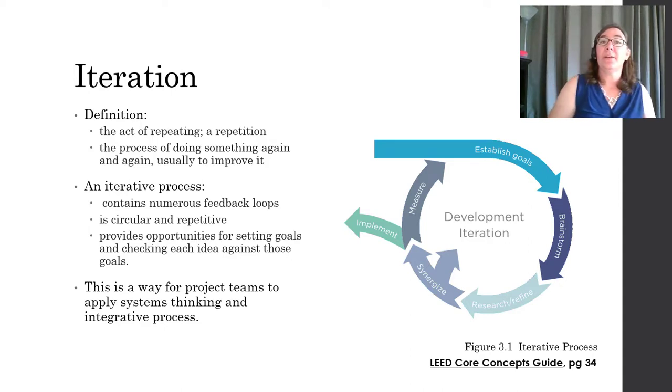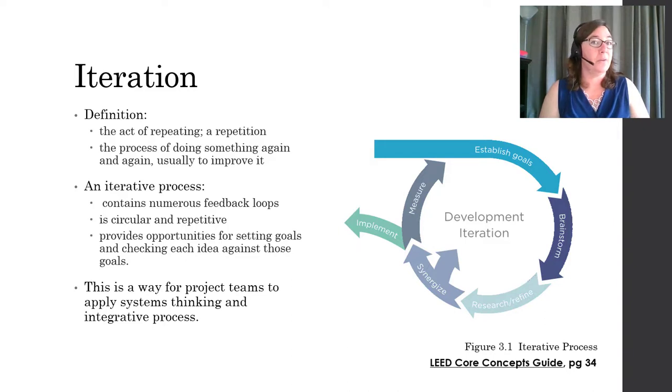So an iterative process, and now we're talking about the design process when we're trying to design a building, contains numerous feedback loops. So you get to revisit your design decisions, see if they still make sense, and change and improve them if they don't. This iterative process, difficult thing to say, is circular.